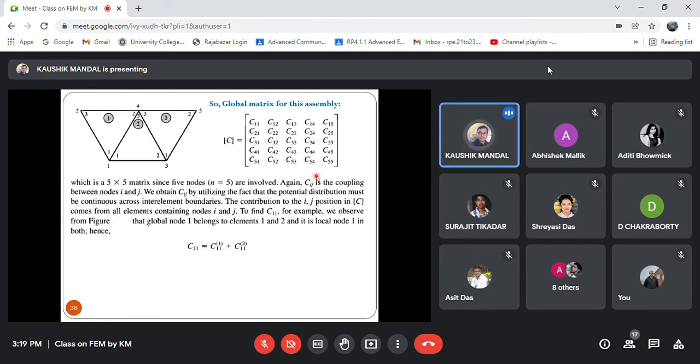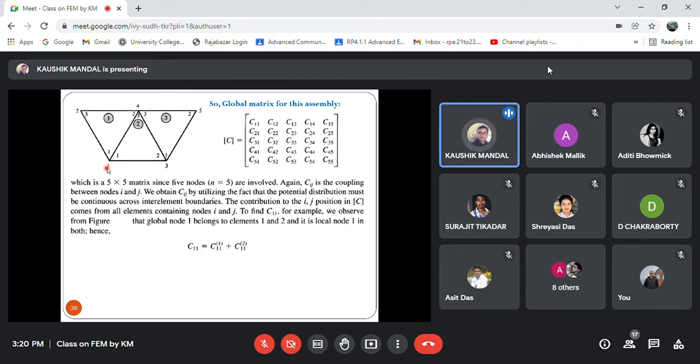This is basically a 5 cross 5 matrix. C of ij represents the coupling between the ith and jth node. Now to find out C11, as I have mentioned, 1 and 1 represent the global numbering. So you have to consider the global node number 1.